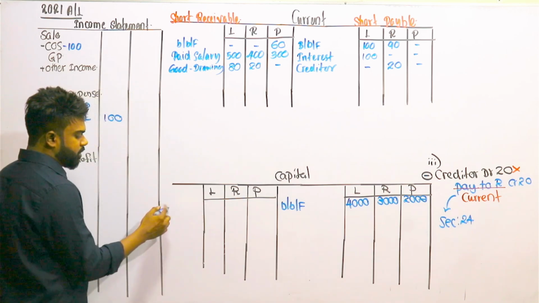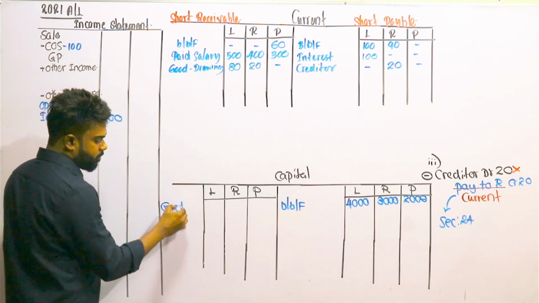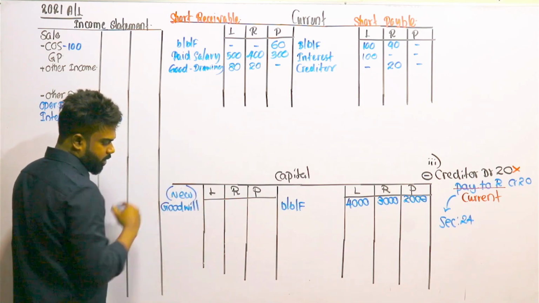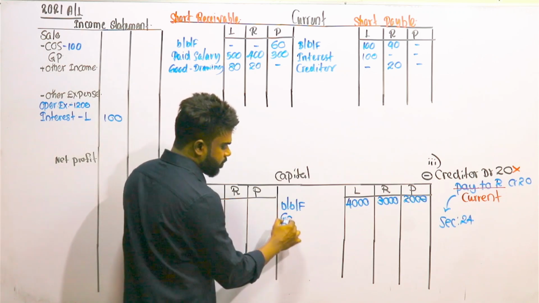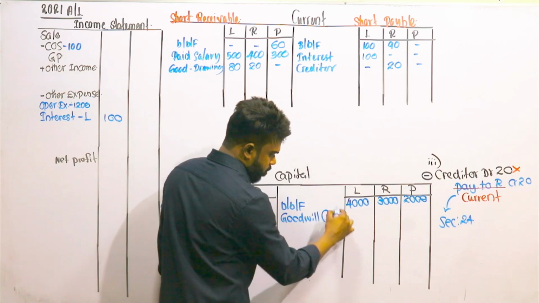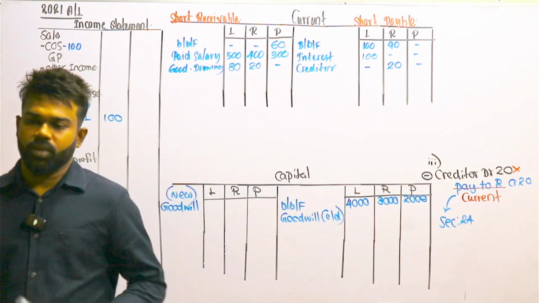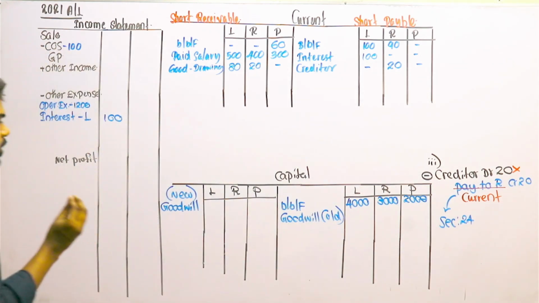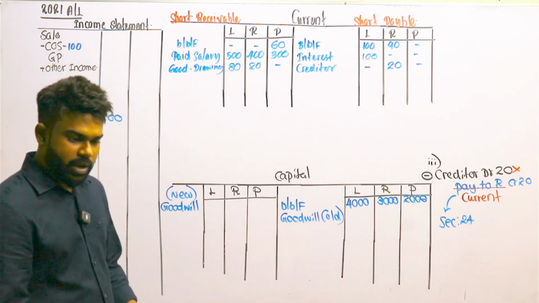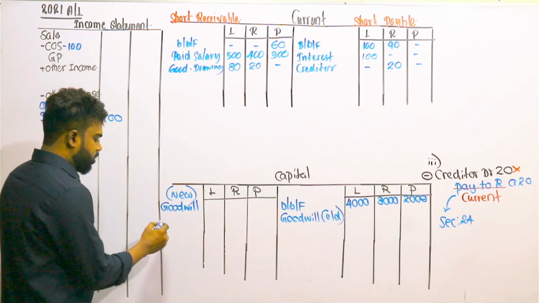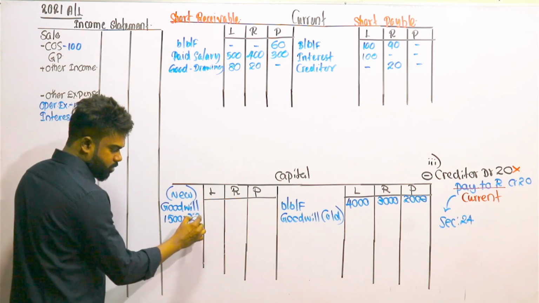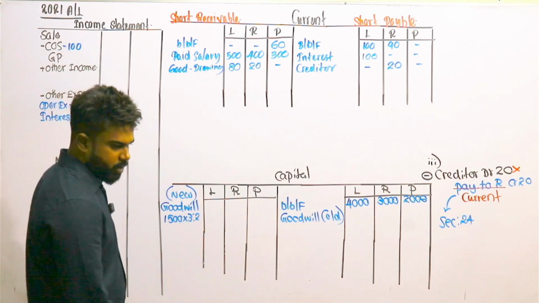What's the goodwill adjustment? New ratio debit, keep in mind, and old ratio credit. Understood? New ratio debit, old ratio credit. Therefore, here the old ratio was 5:3:2. Goodwill is 1,500.